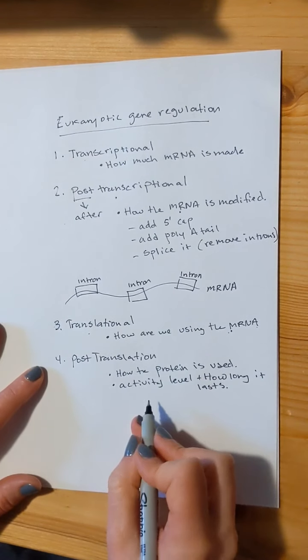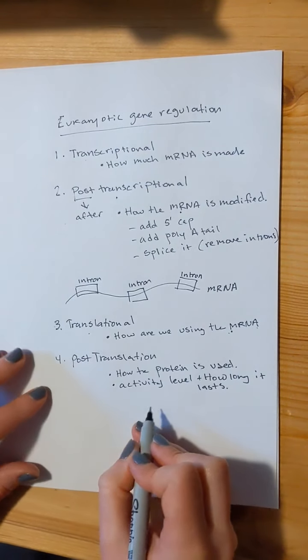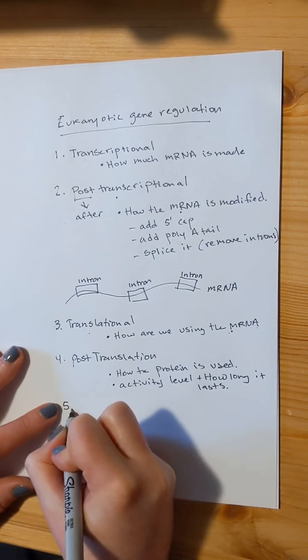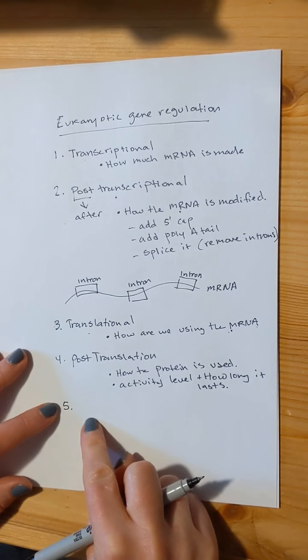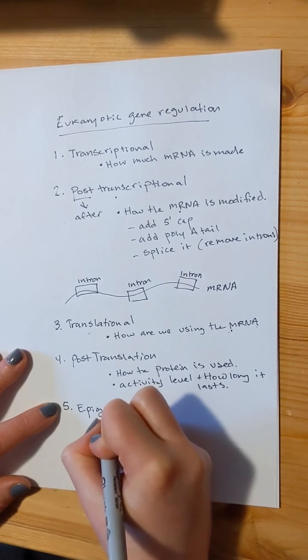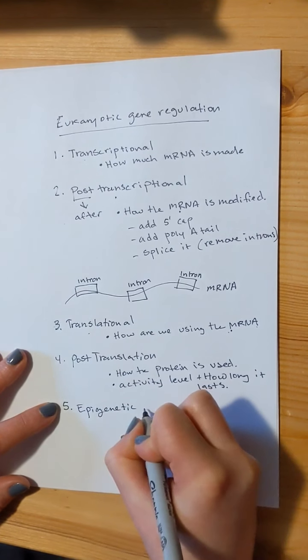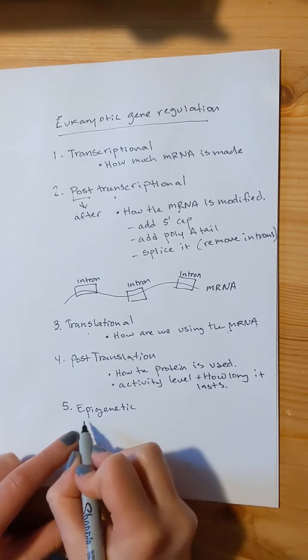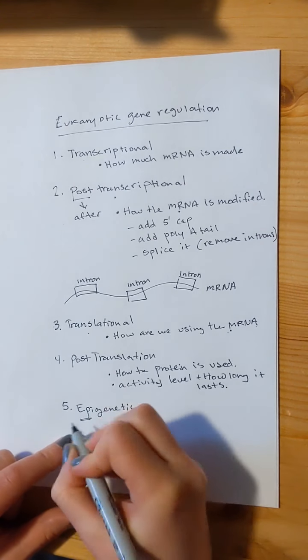And then the last way that eukaryotes can regulate their genes is with epigenetic gene regulation. So epigenetic means above or upon, that's what epi means.